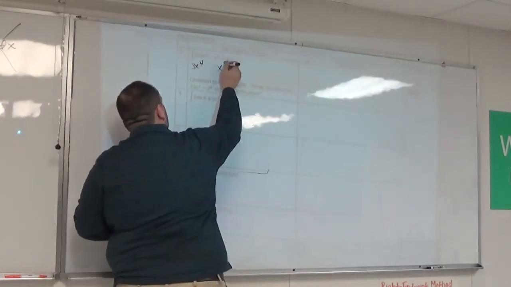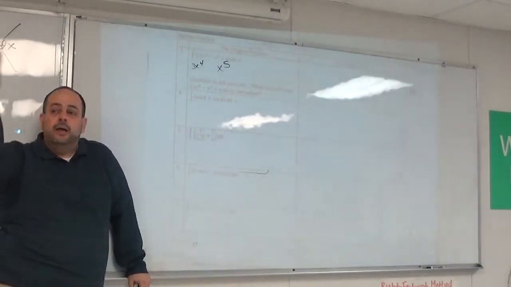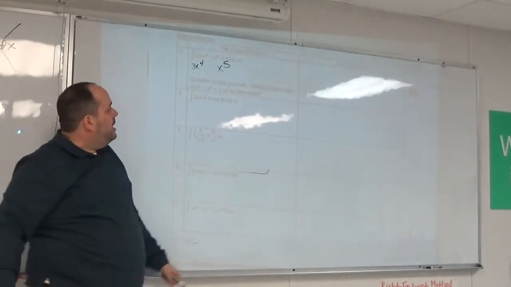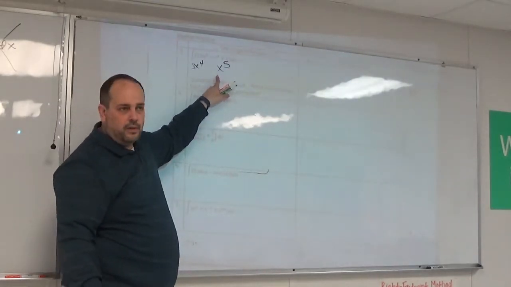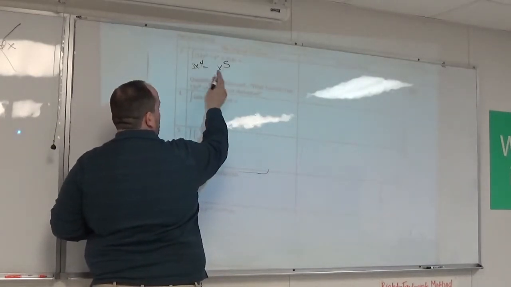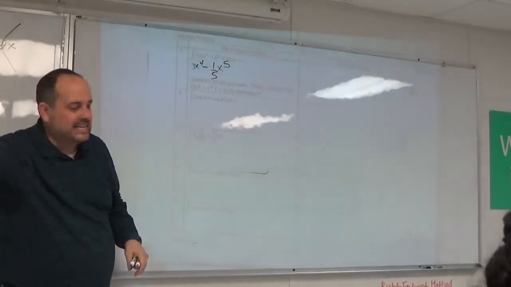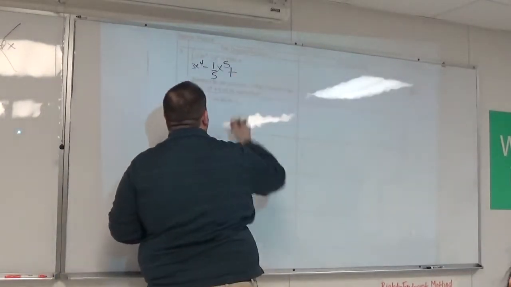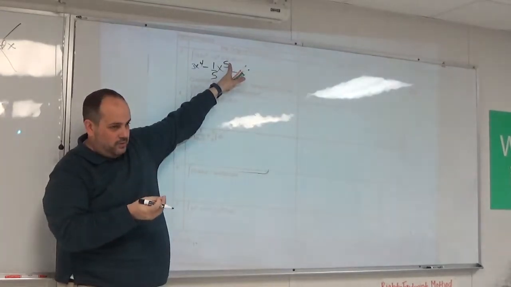For sure, it has to involve x to the fifth, because what happens when you take the derivative, the power comes down. But the derivative of x to the fifth is 5 times x to the fourth. So how do we fix this? Definitely a negative 1/5. Perfect. Plus, what do you take the derivative of and get pi as your answer?